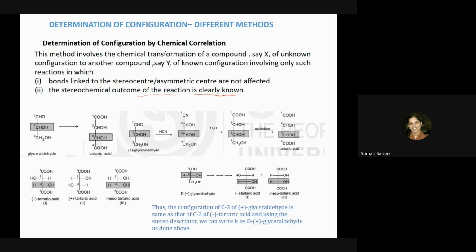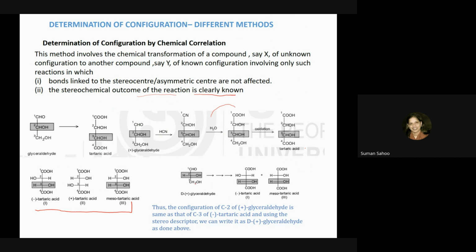Here, you just see the shaded area that remains constant. Then another two steps give you tartaric acid. These are the three tartaric acids that are known: minus tartaric acid, plus tartaric acid, and meso-tartaric acid.